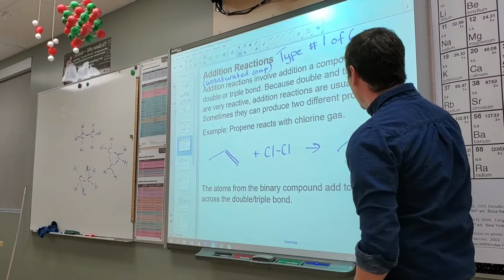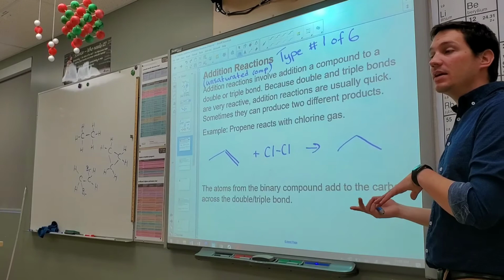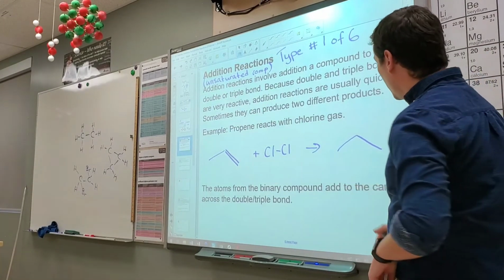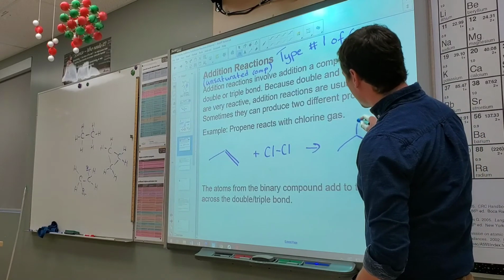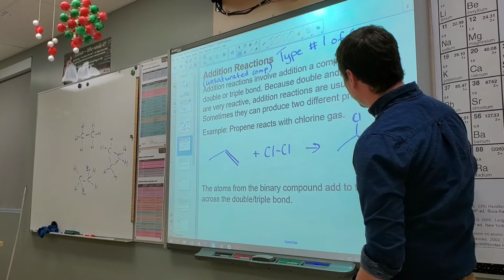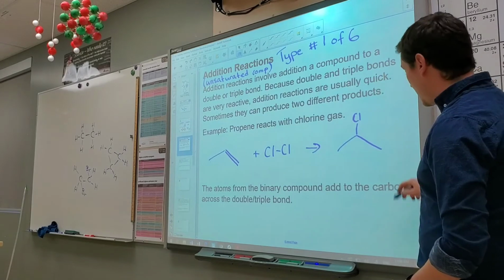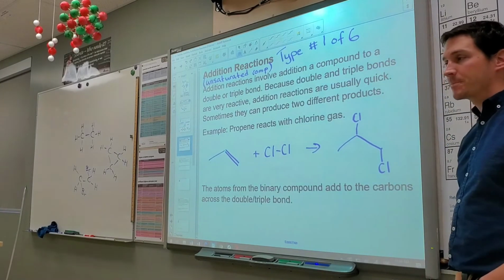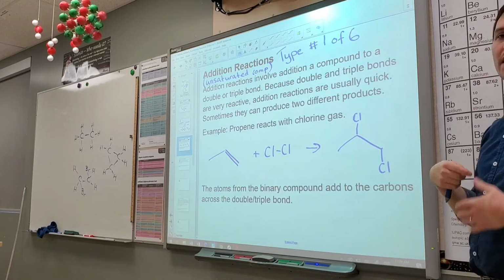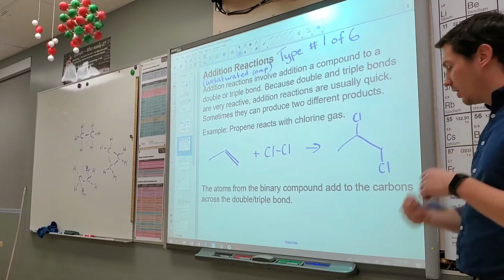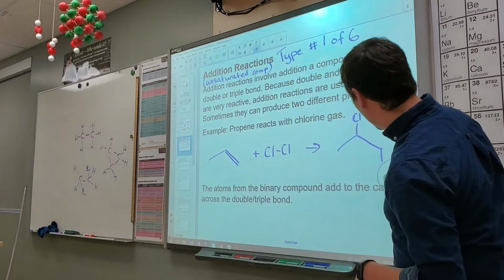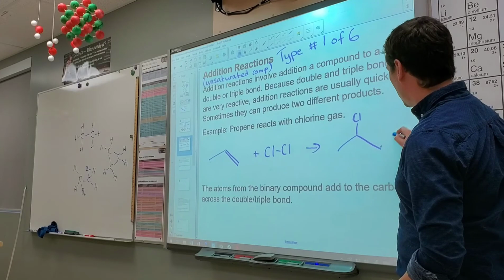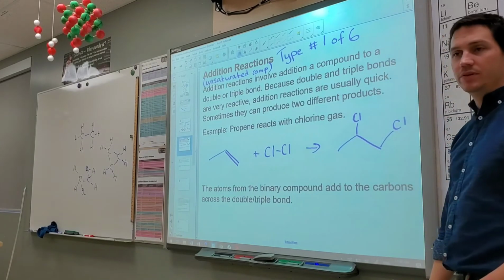So the propene is turned into propane because we break the double bond. And there's something attached to that second carbon, it's a Cl. And there's something attached to the first carbon, it's a Cl as well. They don't have to be on opposite sides, I'm just conditioned to draw it that way. You could have drawn that chlorine on that first carbon like this. That would have been totally fine.